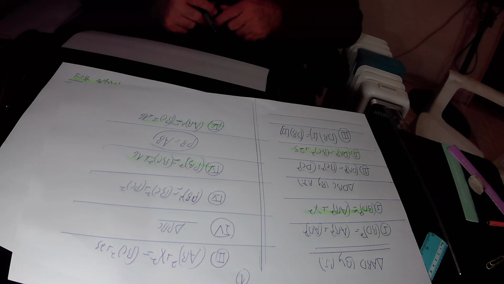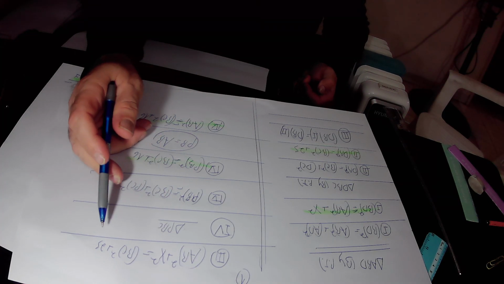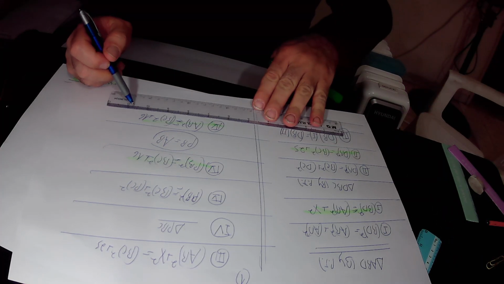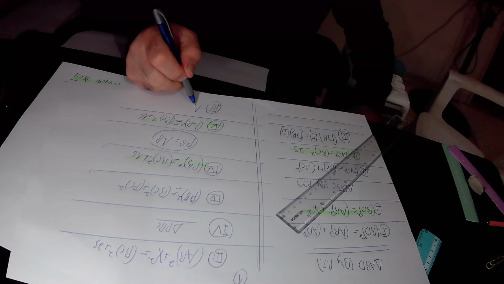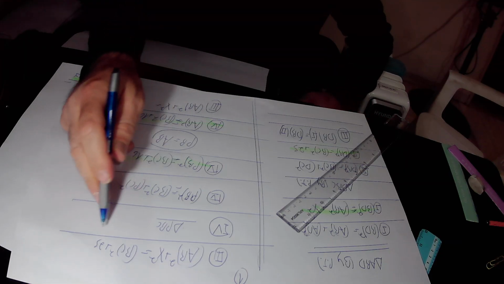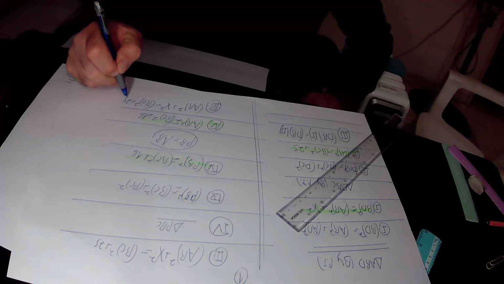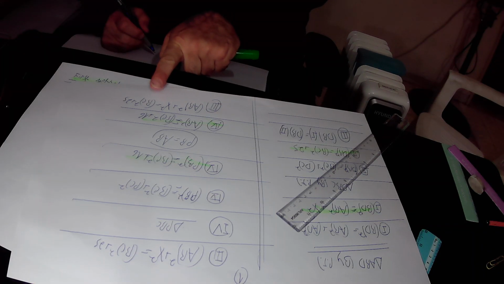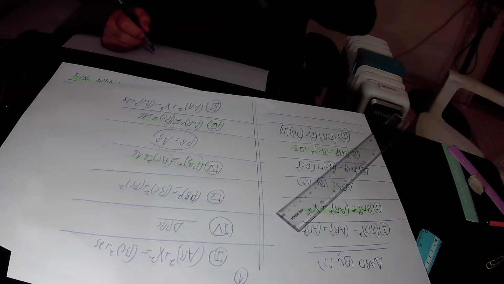According to equation 3, we have already found out that AB squared plus X squared equals BC squared plus 25. So copy equation 3 again here. Because according to equation 4, AB squared equals BC squared plus 16, we substitute AB squared in equation 3 by BC squared plus 16.